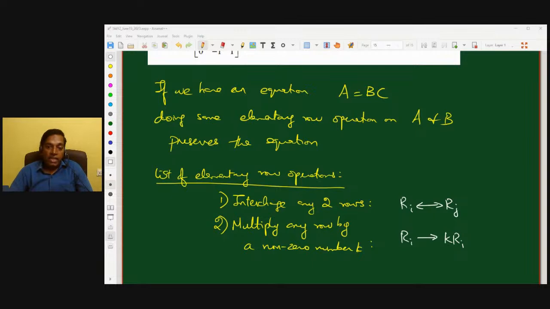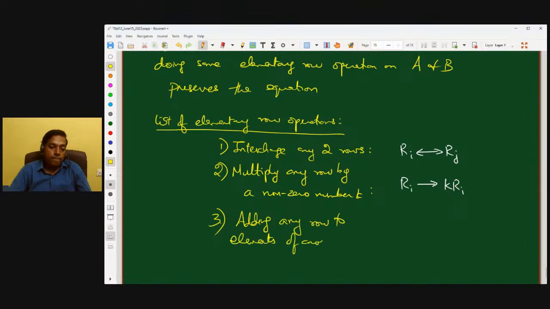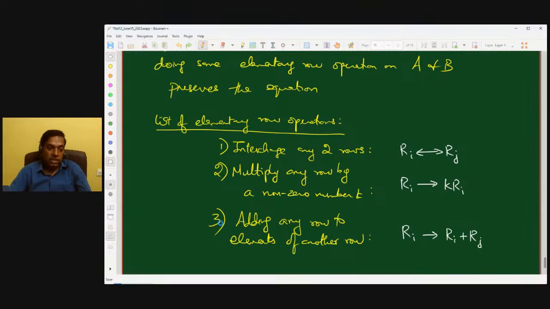And finally, adding any row to the elements of another row. This means Ri becomes Ri plus Rj.